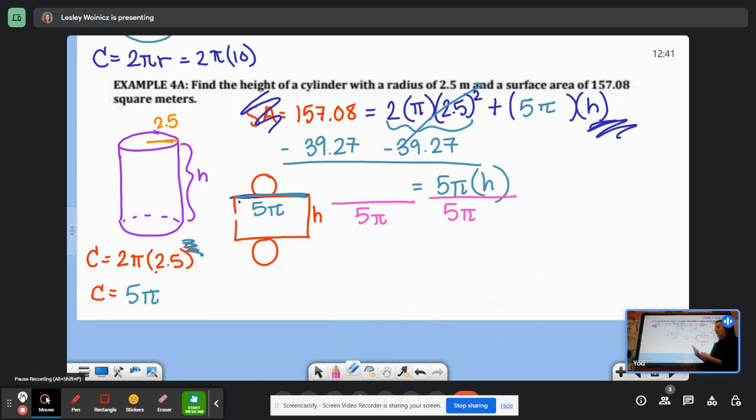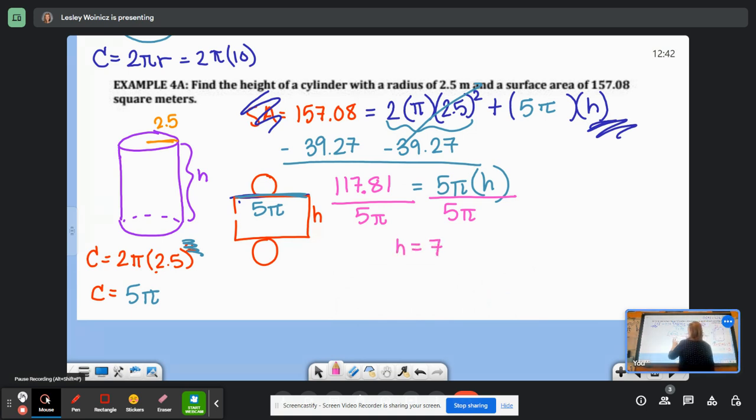So I believe you, but let's check it. 157.08 minus 39.27. Okay, so it's 117.81, and we're going to divide that by 5 pi. I'm getting 74.02.